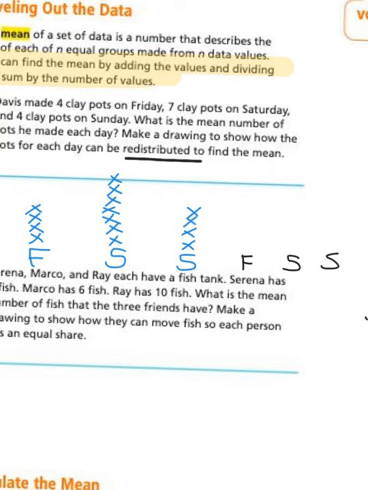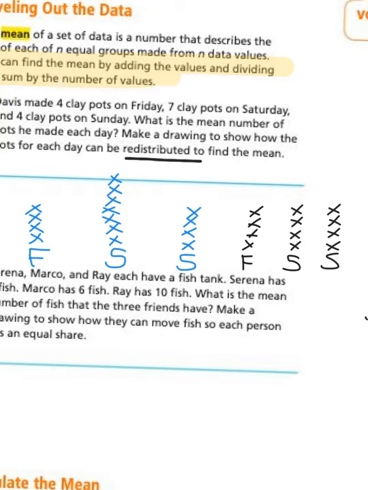So he had 4 on Saturday, and he had 4 on Sunday. So those are the shorter ones, so I'm going to put them in, and their X's there. And 4. And then he had 4 at least on Saturday. So let's get those 4 in.